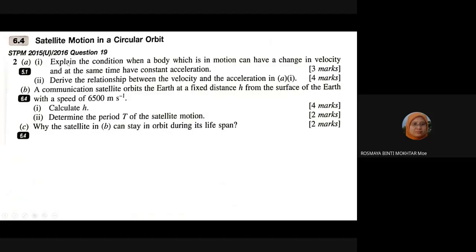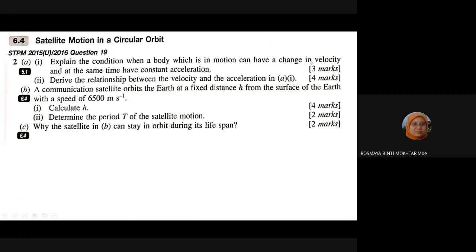So number 2A1, explain the condition when a body which is in motion can have a change in velocity and at the same time have constant acceleration. Example, the satellite in a circular orbit can have a change in velocity.